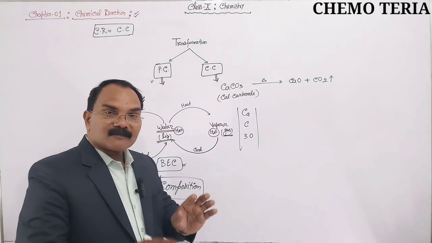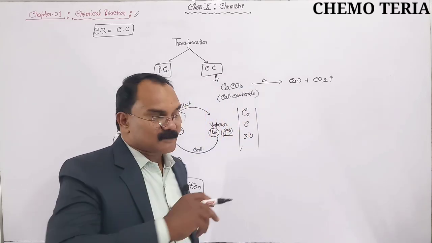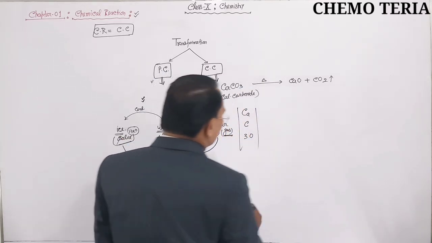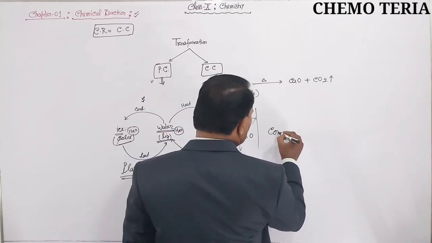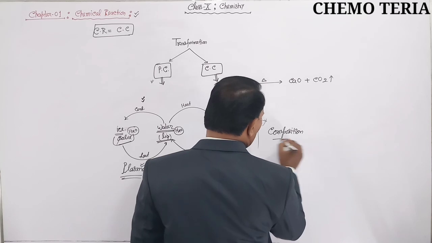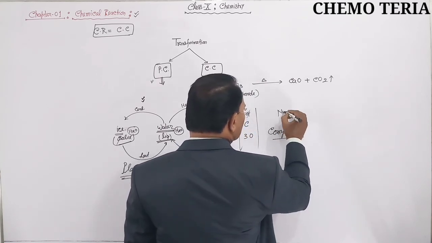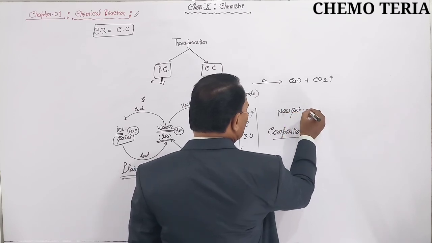So there is a formation of new substances. 2 new substances are formed. In this way you can say that the composition is changed and the formation of new substances is seen here.